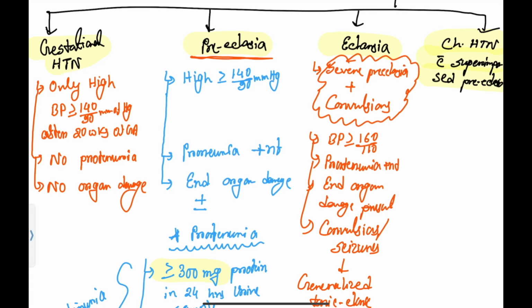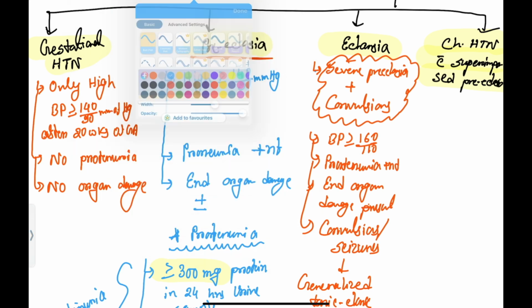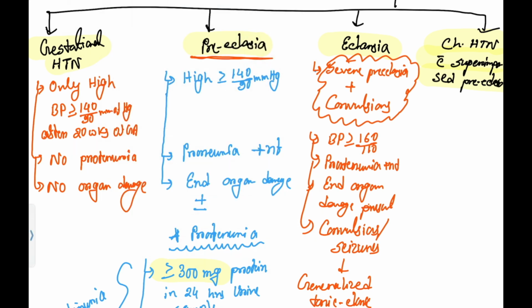So these are the features of eclampsia. I hope you understood how one by one these situations became dangerous. So this management is very important. Now the last classification is chronic hypertension with superimposed preeclampsia. In that name itself you can understand the mother has chronic hypertension. Chronic hypertension means the mother already has a hypertension history. Mother had high BP before pregnancy itself.